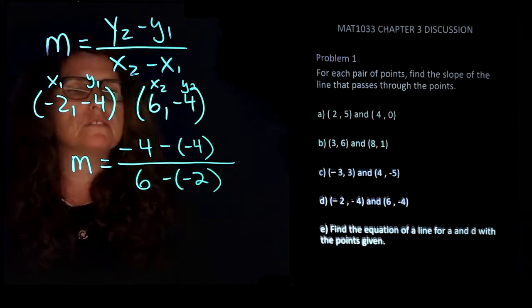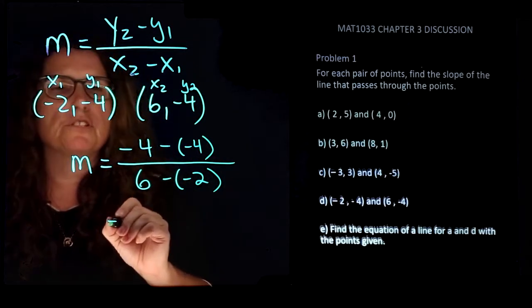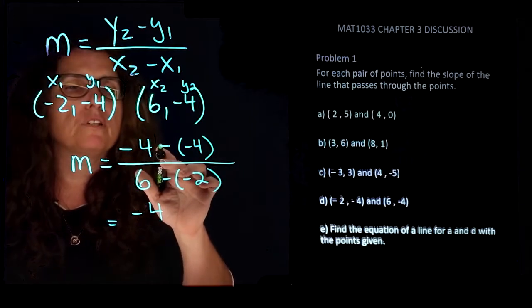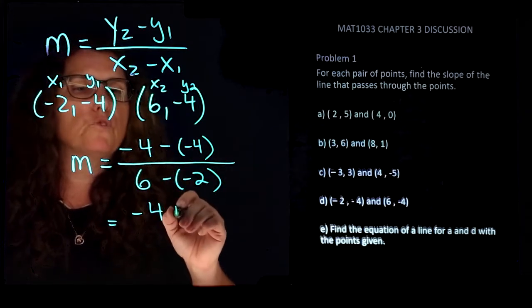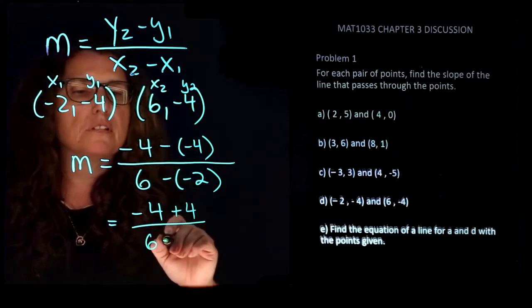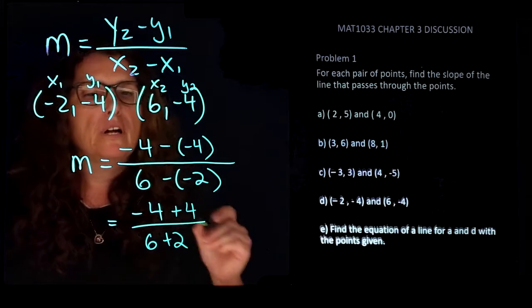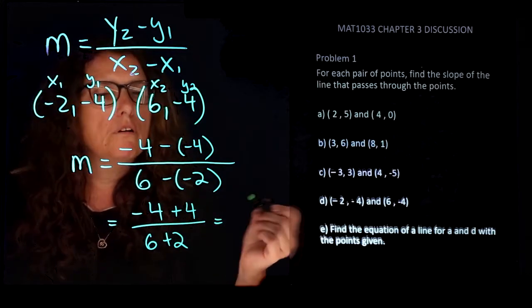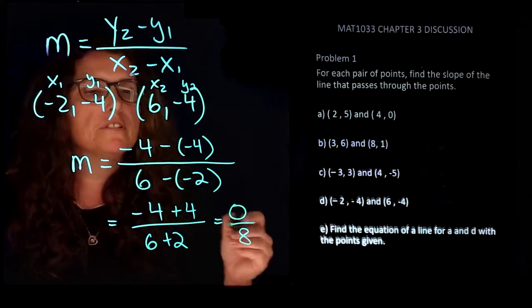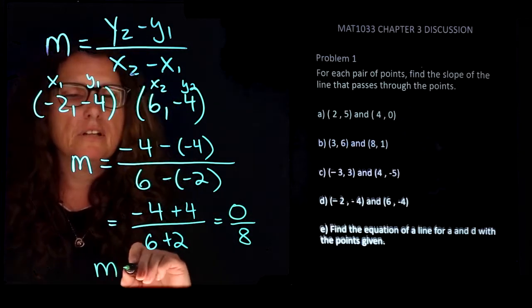So first of all, let's simplify the sign situation. We have a negative 4 that doesn't change, but then we have a minus a negative 4, that would be a plus 4, all over 6 plus 2. Now negative 4 plus 4 is 0, over 8. What is 0 over 8?